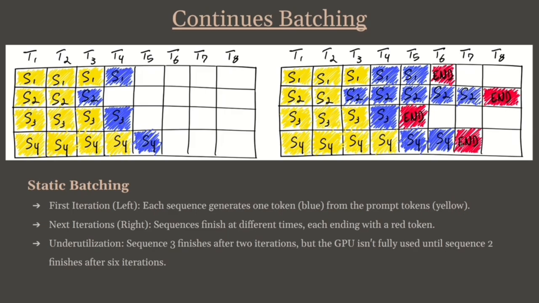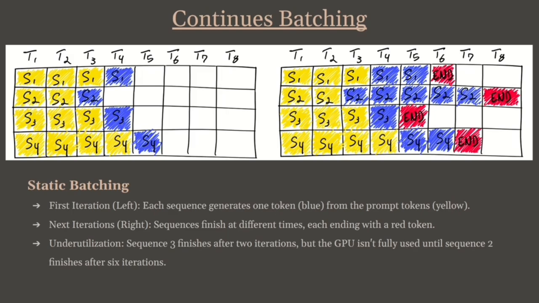All of these terminated early, but all the left-over blocks need to wait for this one to finish, the second one to finish, because that's how batching works. It gives a set of prompts to the GPU to make the generation process. So we cannot use these spaces, and it's a waste of time.